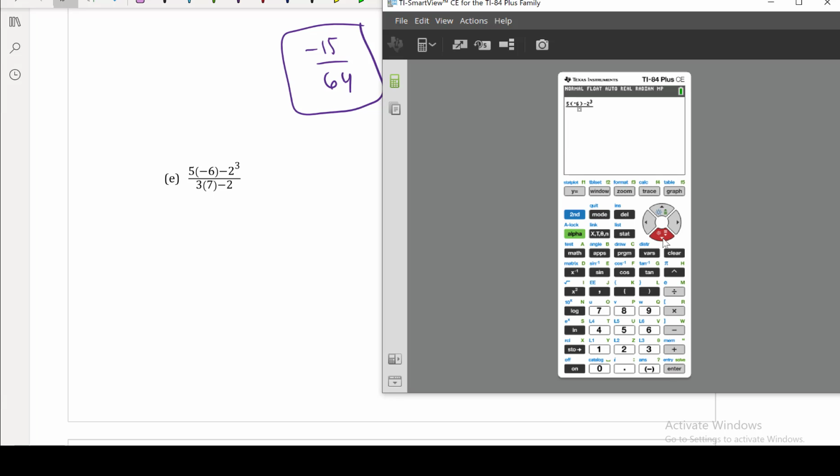So just to make sure, the numerator is 5 times -6 minus 2 to the 3rd power. And down at the bottom, I have 3 parentheses 7, and it's -2. And so the really nice thing about these calculators is that you can just put it in, and it'll spit out the answer. And so I'm going to have my final answer here as a -2.